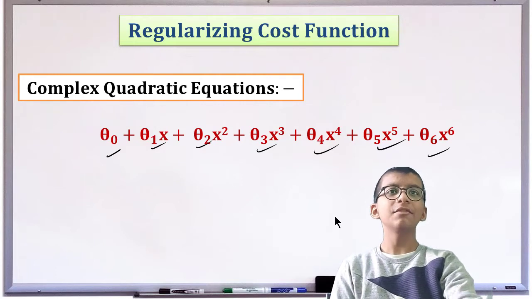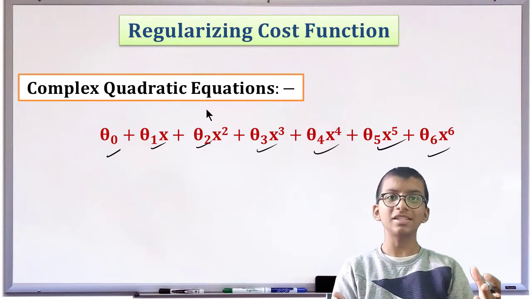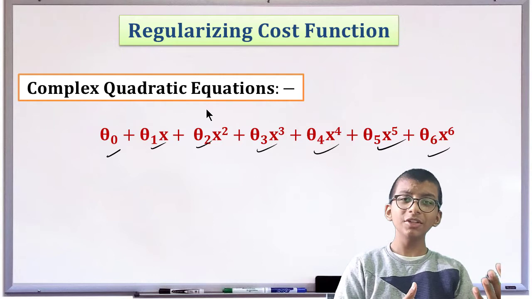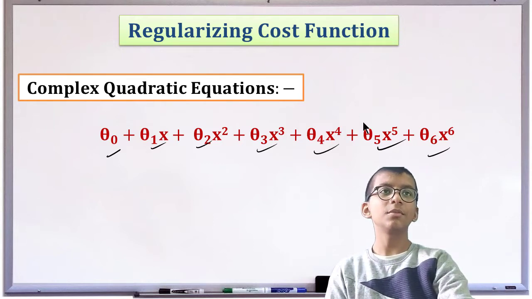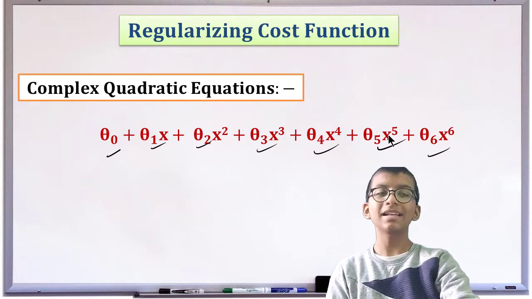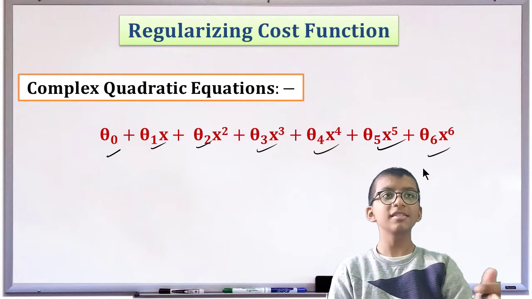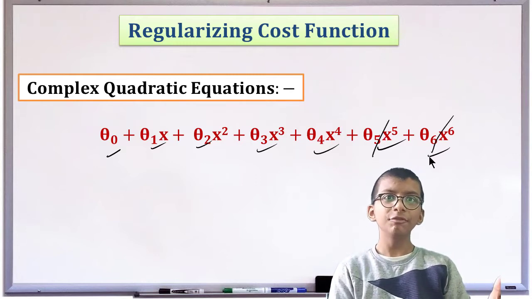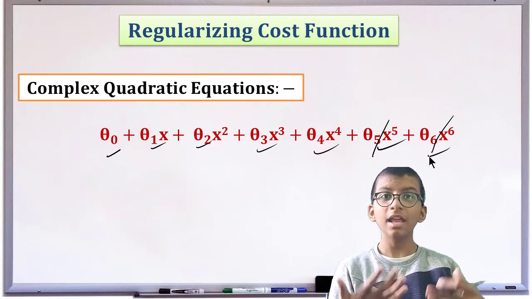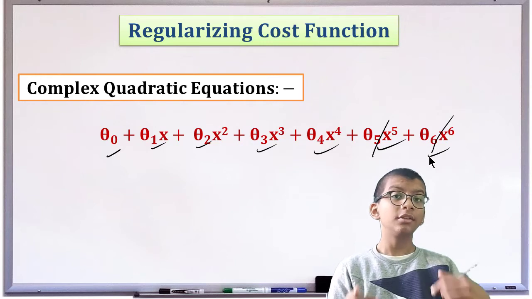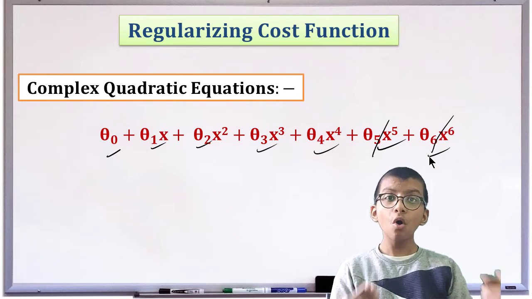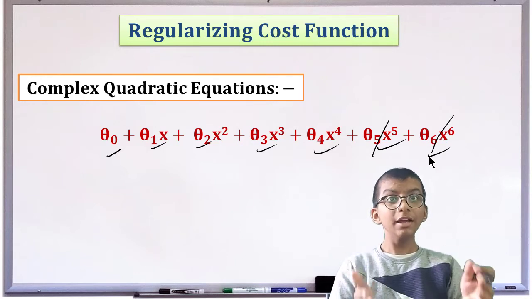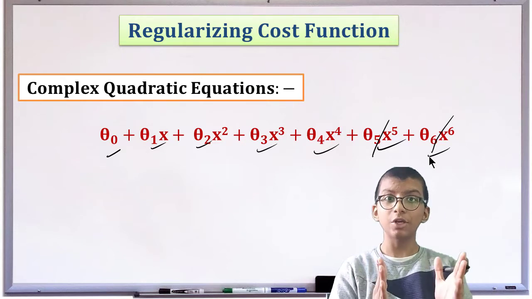What you can do is just remove one of the features, such as theta 5 times x superscript 5 or theta 6 times x superscript 6. We can remove these if the features are not valuable for the model, and if they are, we have to use the regularization parameter.